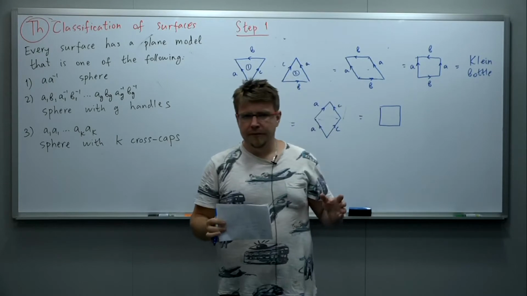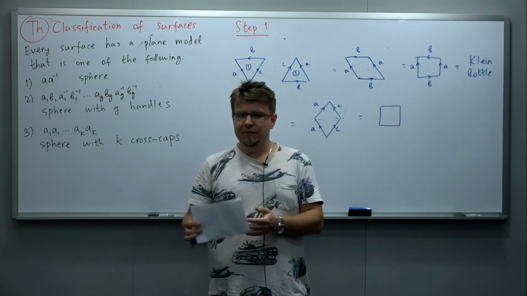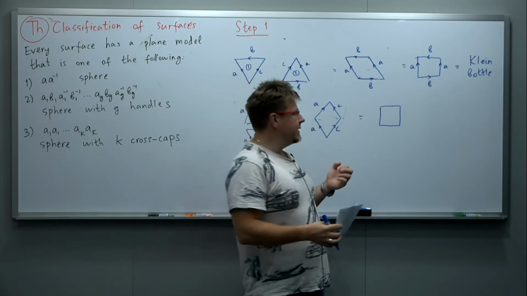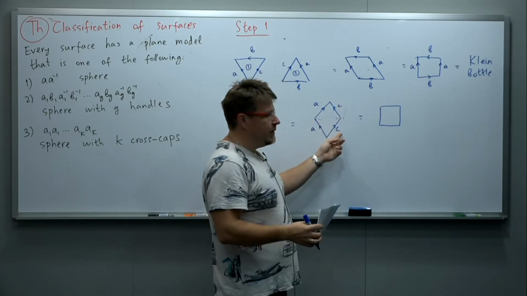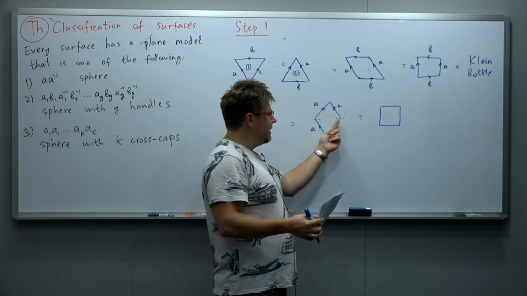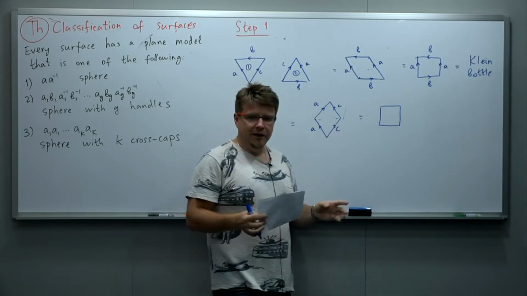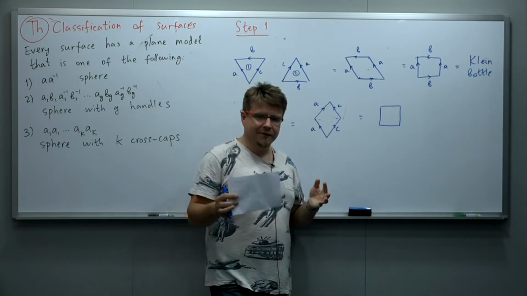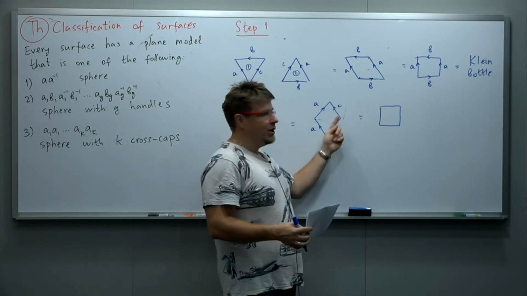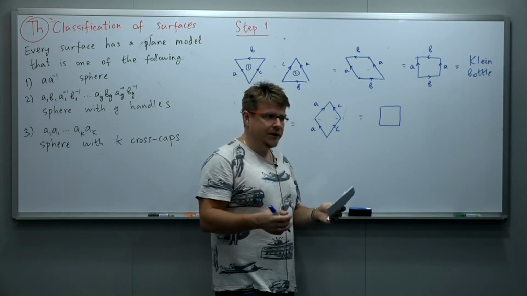Remember that the labeling on edges is needed for us to be able to recover the original surface. So for instance, if I rename C to B, it doesn't matter. As long as this edge is glued to this edge, it is enough. So whether it is C, B, or X, Y, Z, it doesn't matter. The actual label doesn't matter, as long as this edge and this edge have the same label. Which means I can just rename it.